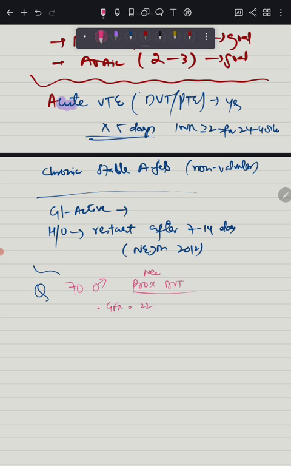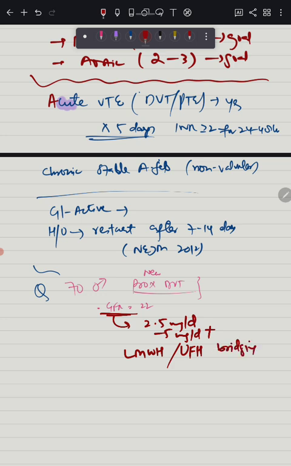We can start with Apixaban, but we can also start with warfarin. So if we give warfarin, we have to give dose of 2.5 mg per day to 5 mg per day, plus simultaneously we have to use low molecular weight heparin or unfractionated heparin as bridging, and we have to monitor INR.